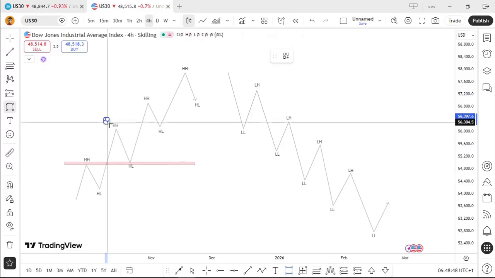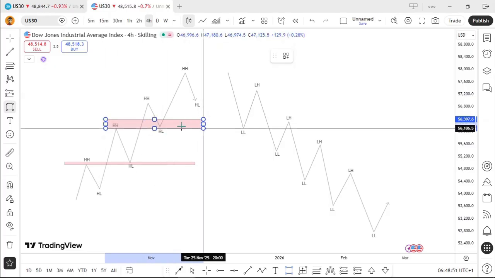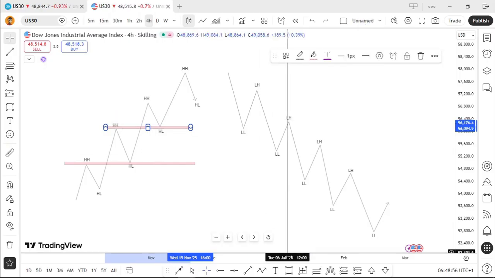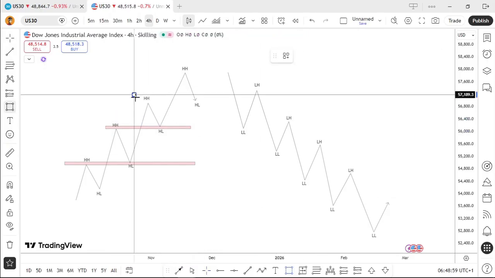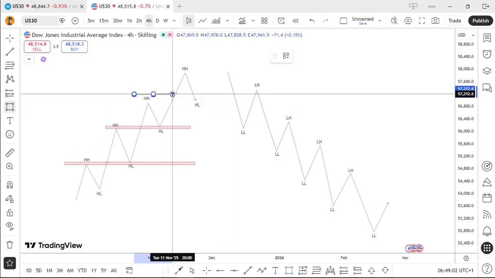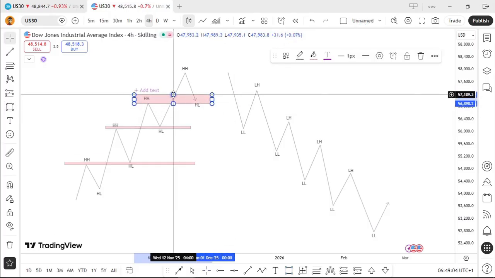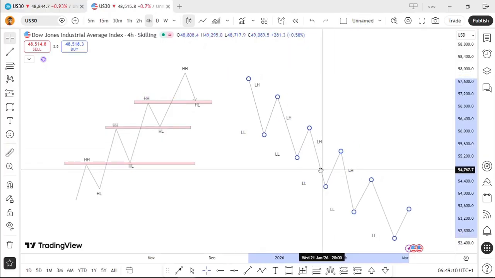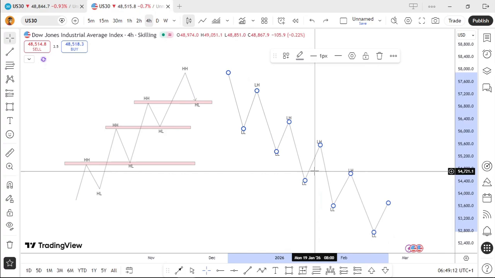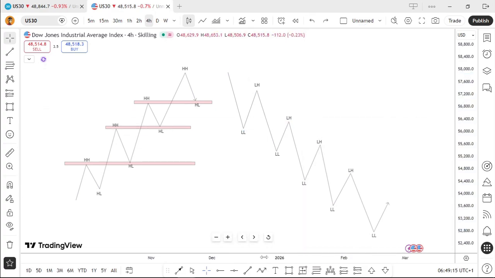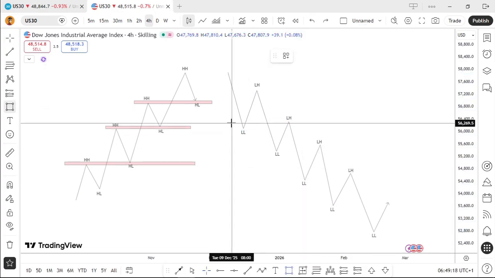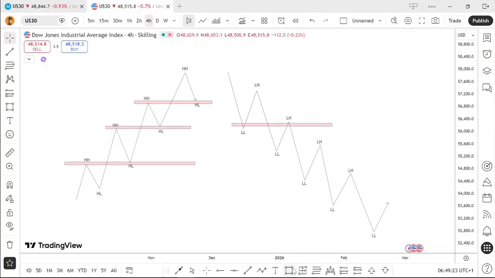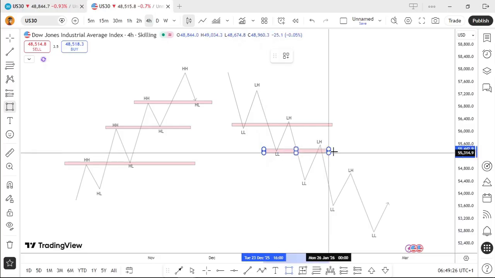This is also another structure point. This is also another structure point. So on the bearish movement, this is a structure point. This is a structure point.